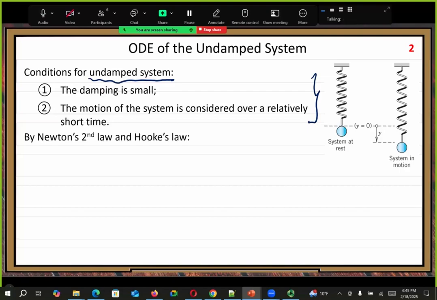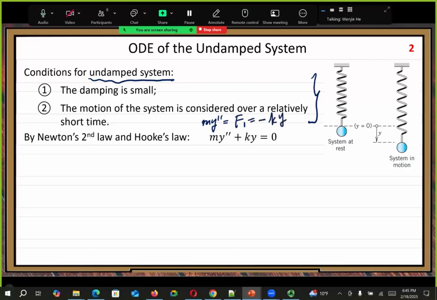All right. By Newton's second law and Hooke's law, we have the equation: m y double prime equals F1, which equals negative ky.